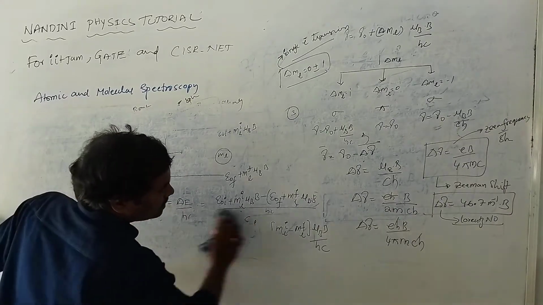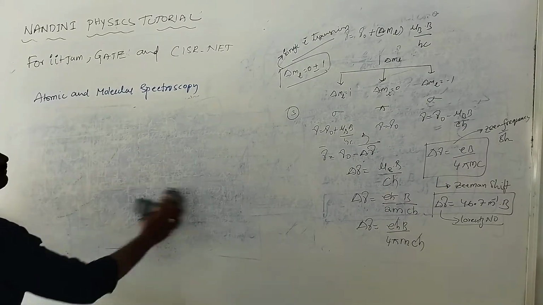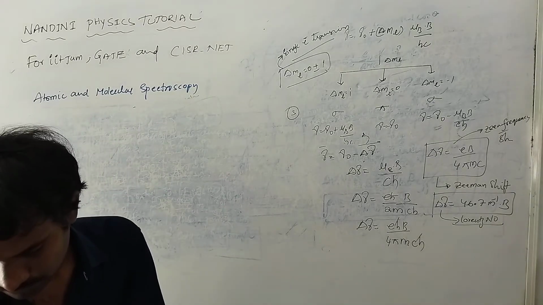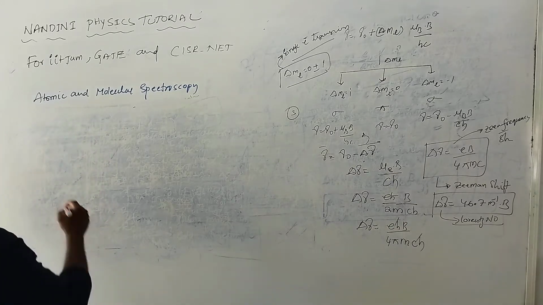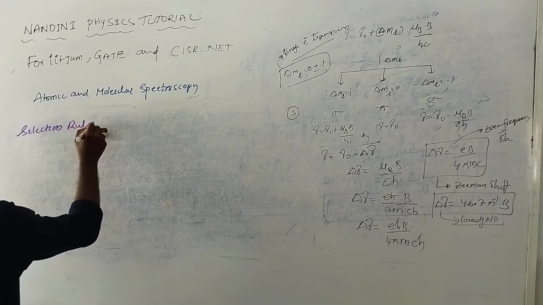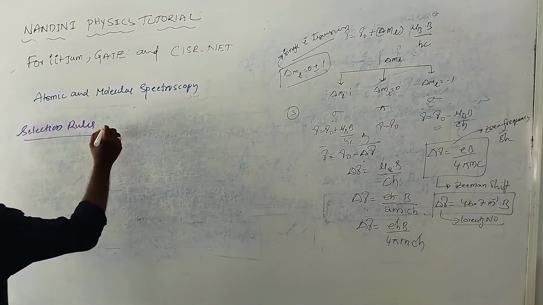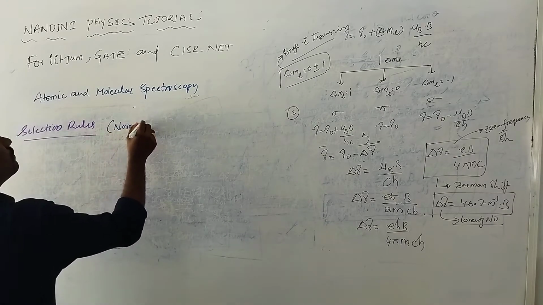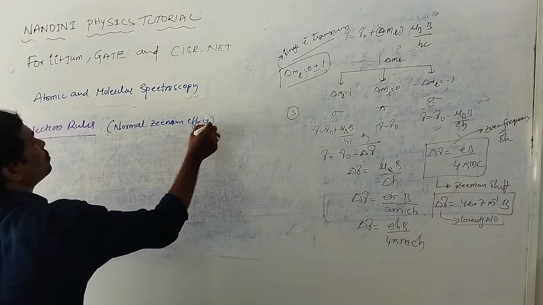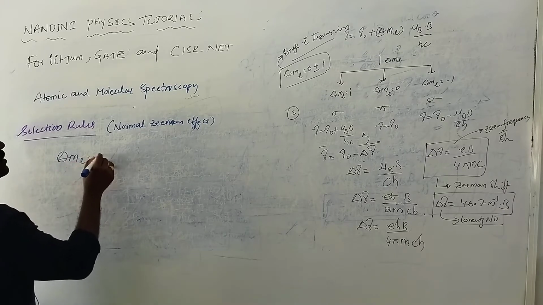What are the selection rules? See, for the normal Zeeman effect, the selection rule is delta ml equal to 0, plus or minus 1.